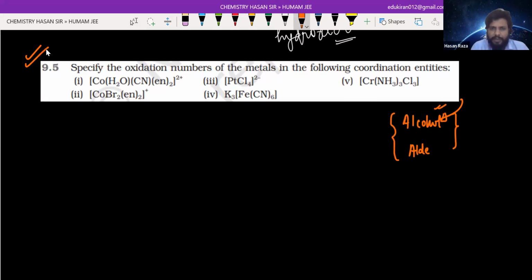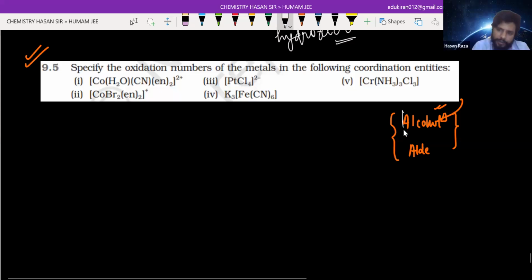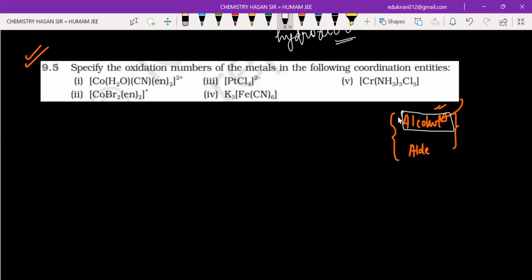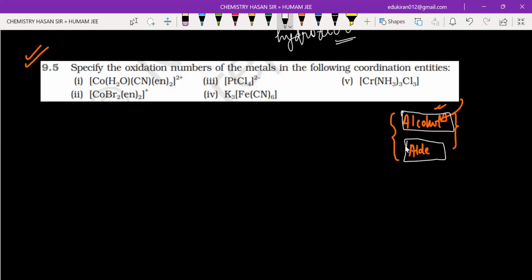From the next class, I should start alcohol, because this is already completed in your school exam as well. Because this chapter will also take some time. Austin, alcohol is completed in my school. Alcohol is not completed in your school? No, we didn't start this. And what about aldehyde? No, sir.